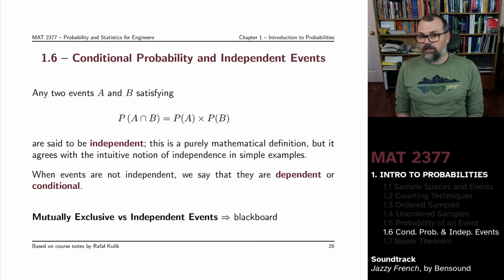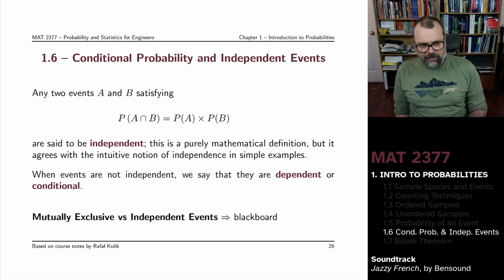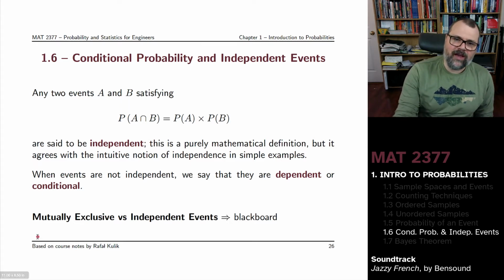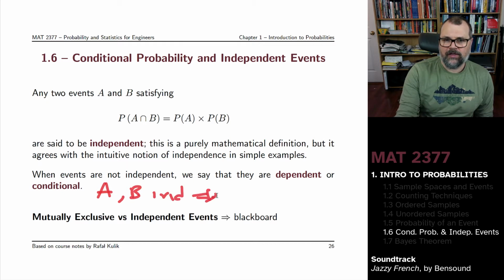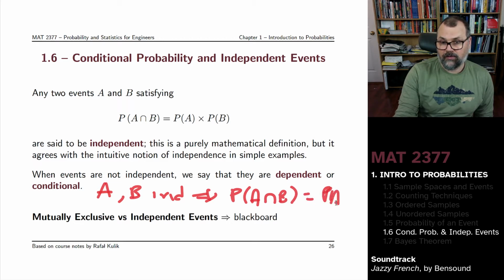Now this definition is purely mathematical. When the events are not independent, then we say that they're dependent or that they're conditional. Remember some of the differences here. If you have A and B independent, what we have is that the probability of A intersection B is the product of the probabilities.